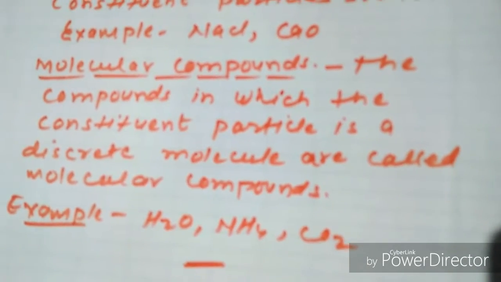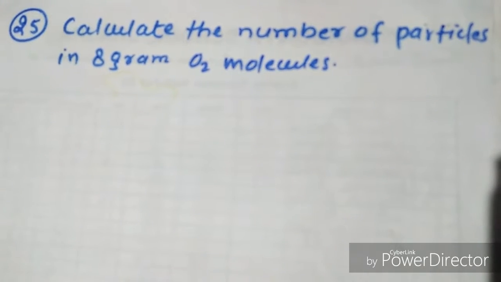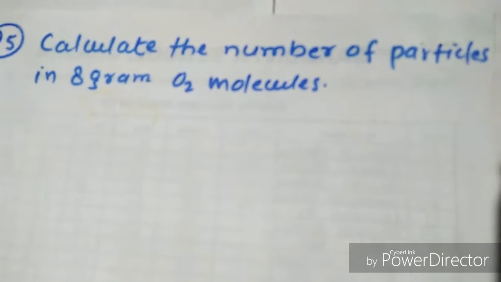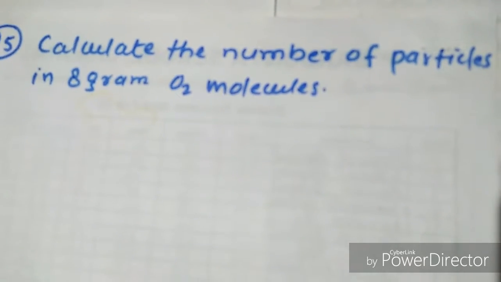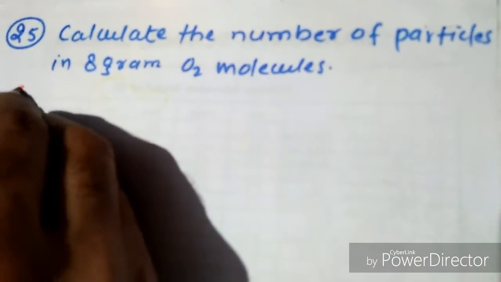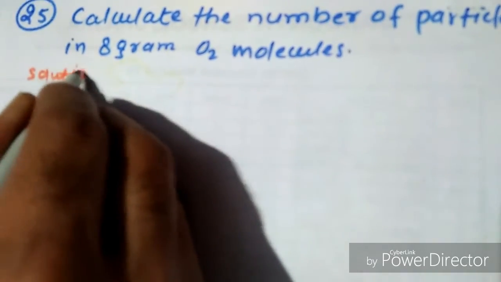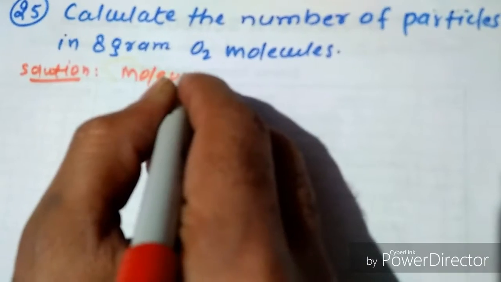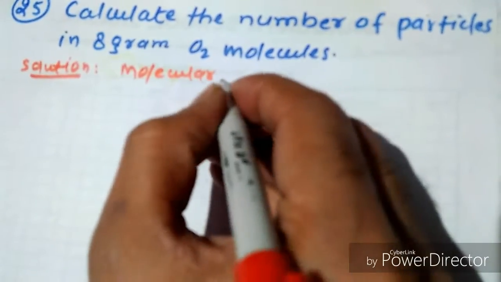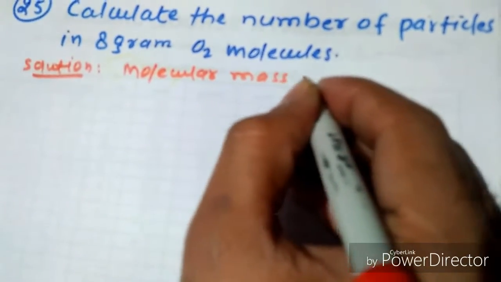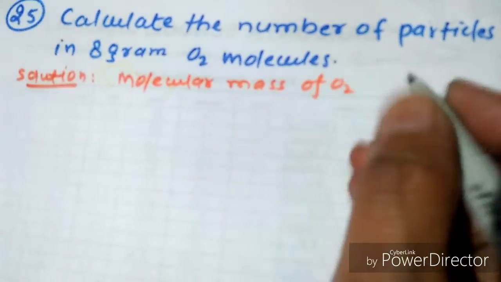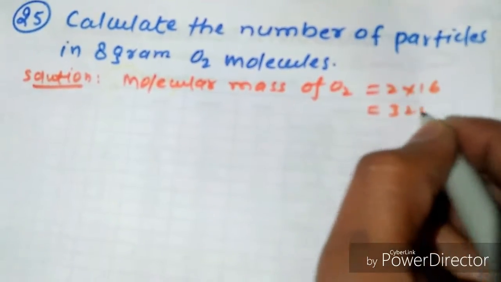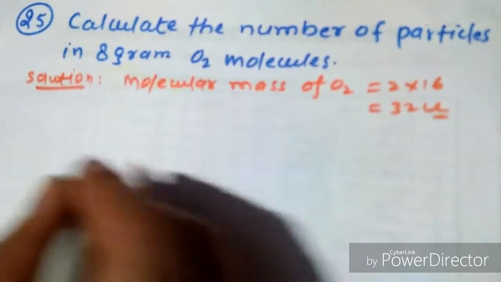And the next question is, calculate the number of molecules in 8 gram of O2. At first, we find the molecular mass of O2, equal to 2 into 16, 32 units.